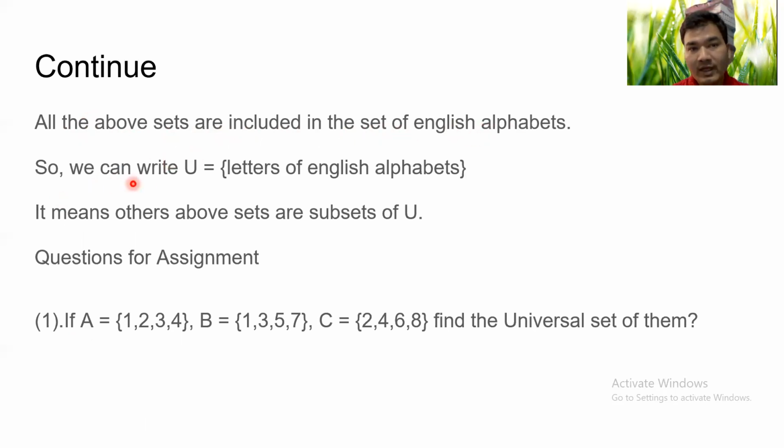So we can write universal set equals letters of English alphabets. It means the above sets are subsets of the universal set. Subset means all those sets are contained here. That's why they are the subsets of this universal set. And this is the question for the assignment.